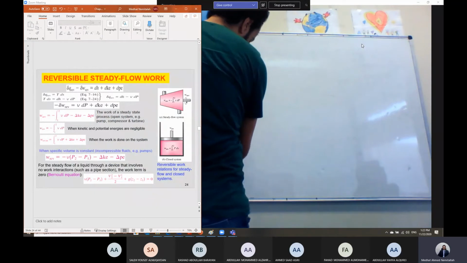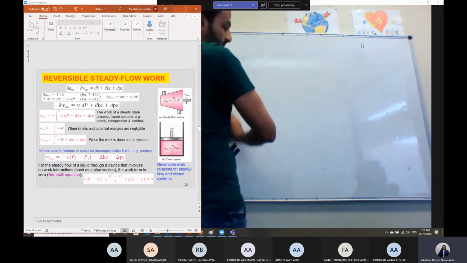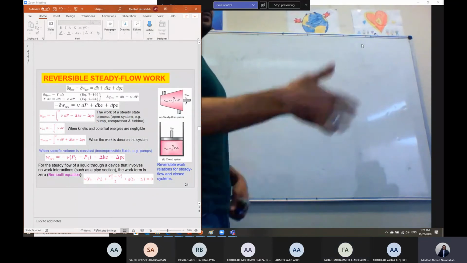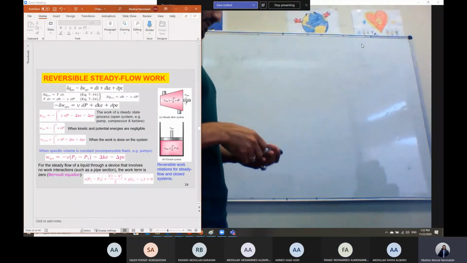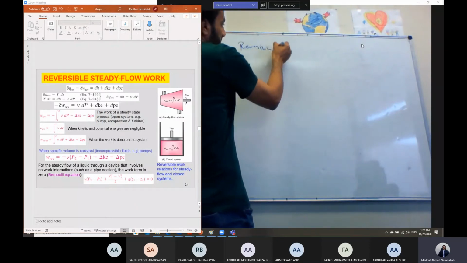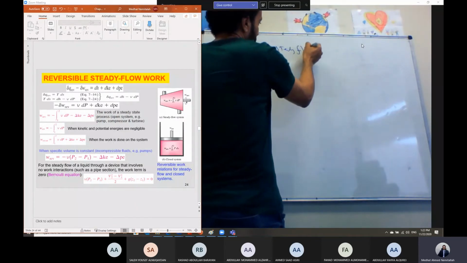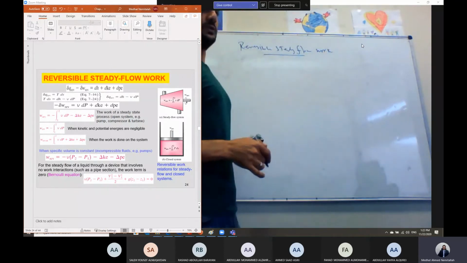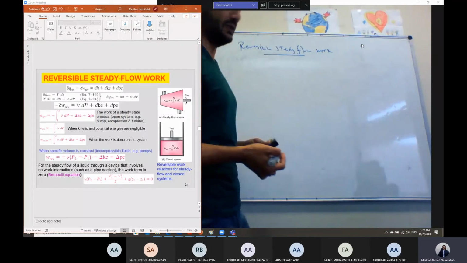Steady flow means that the system is open or closed? Open. So we have a steady flow, that means we have flow in this case. So let's see how we can calculate the reversible steady flow work when we have a reversible process. That means the work in this case is maximum.